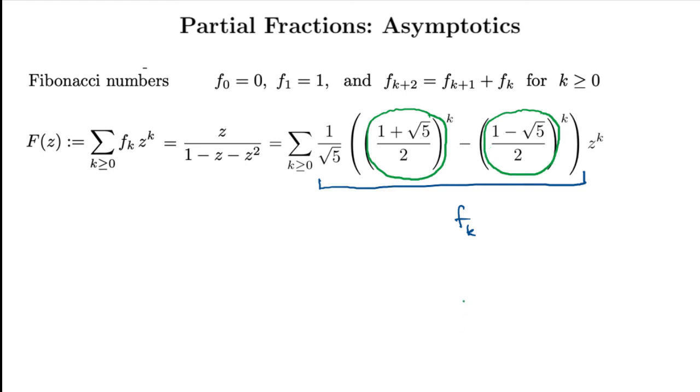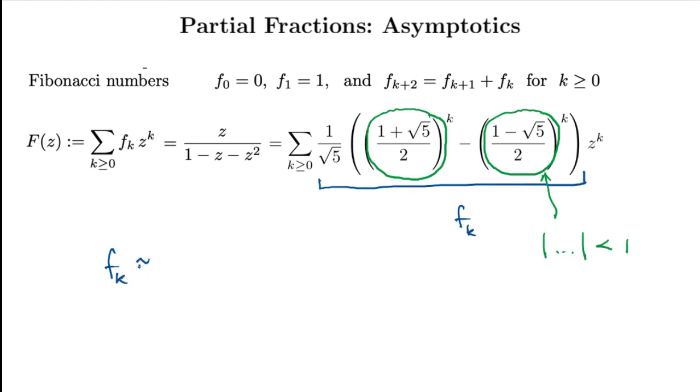And what I would like you to know is that this number over here is in absolute value less than 1. And so you have an exponential function in k with a base that's less than 1. So as an exponential function, this goes away very, very quickly. What this gives you is an approximation of the kth Fibonacci number in terms of this first term.